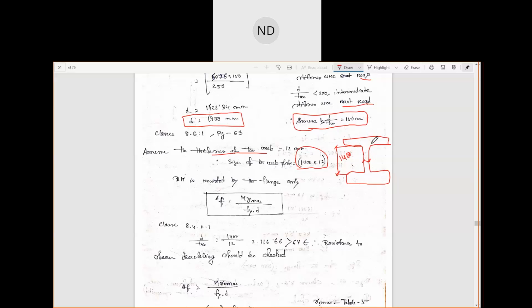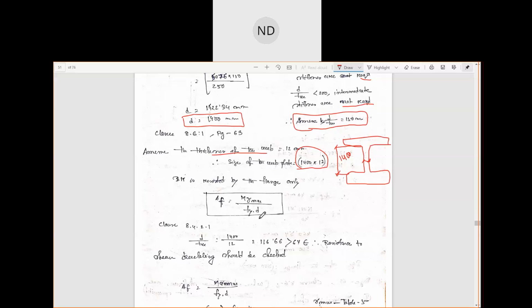Now we will come to the flange part. And then we'll check whether our assumed section is okay or not for our calculated bending moment, which is the required bending moment, or the shear force. Okay, so for the flange portion, we have area of the flanges equal to M gamma mw by fy into d.